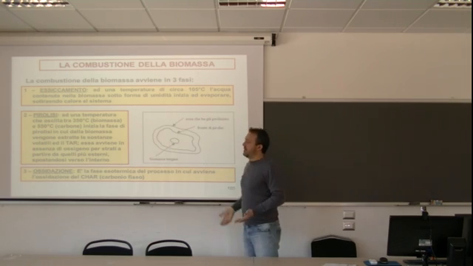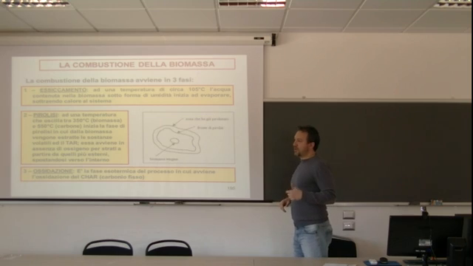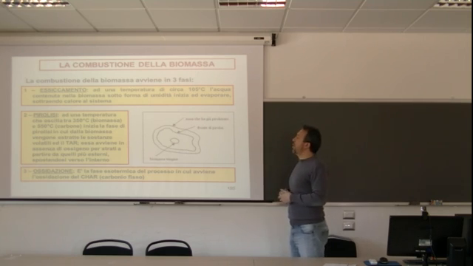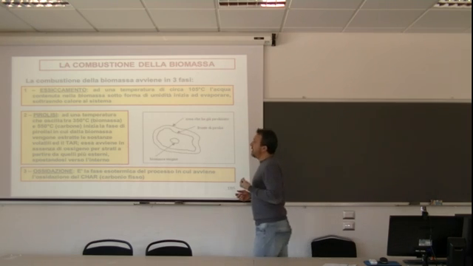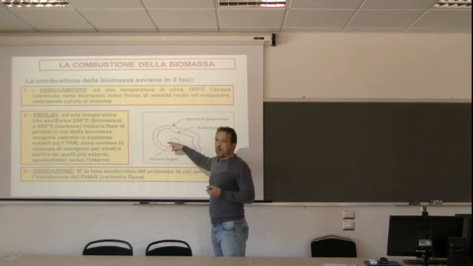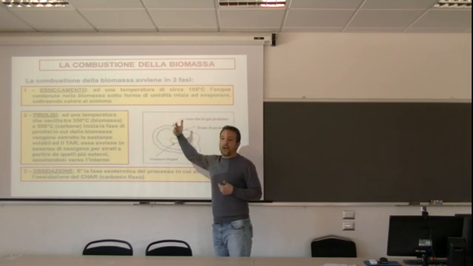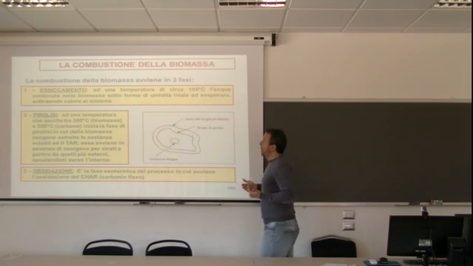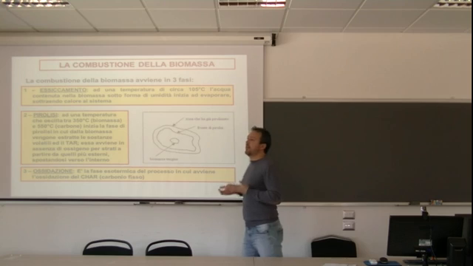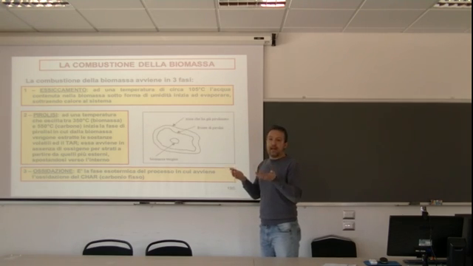When the temperature goes over 100 degrees, there is a drying step, and so water starts to evaporate and goes away. Then, inside the biomass, we have something like pyrolysis, because oxygen can reach the internal part of the biomass, but the temperature is going up.